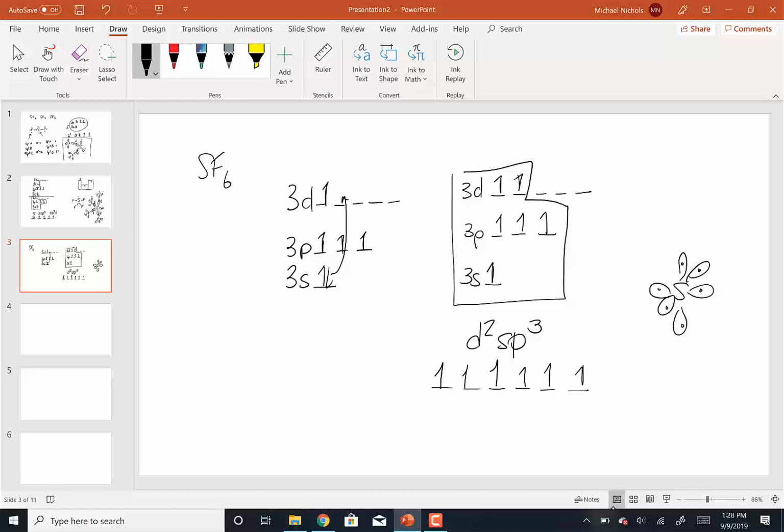And then once you know that, you can sketch out the geometry of the orbitals. Given that atom and the number of lone pairs and unpaired electrons, you put those into the orbitals, and then you form your picture. Okay, so this is where the expanded octets come from.